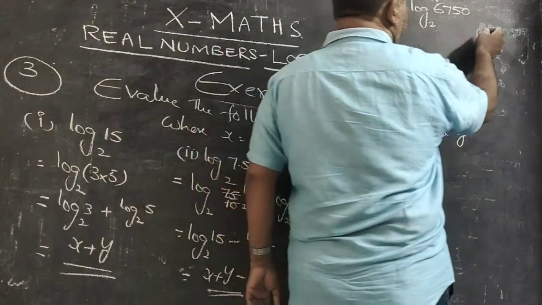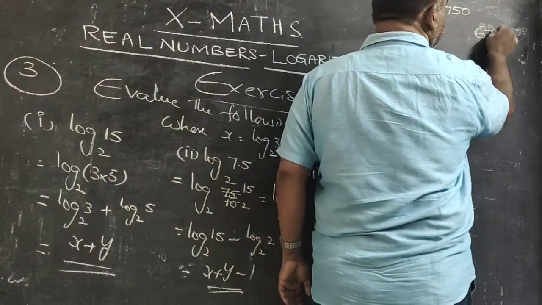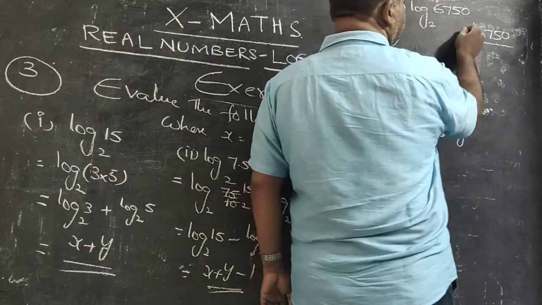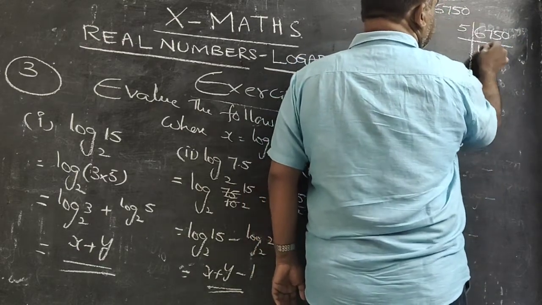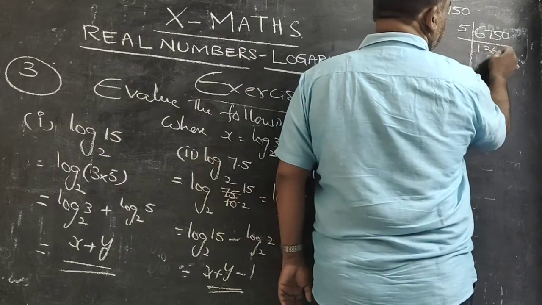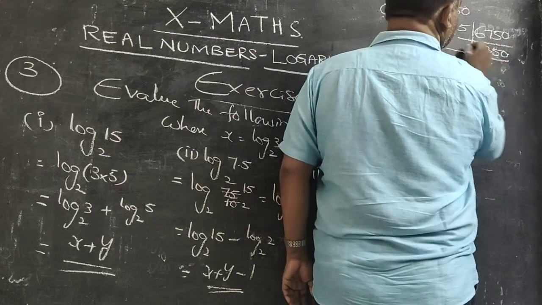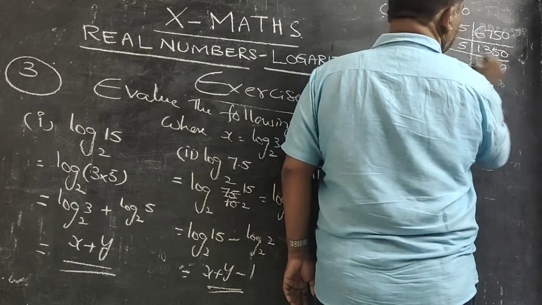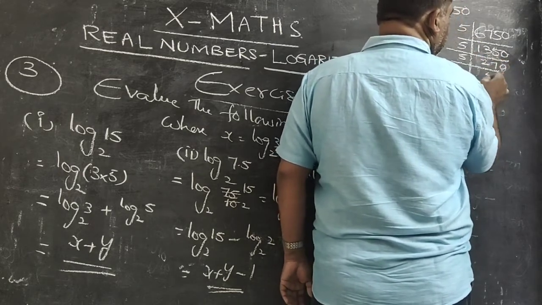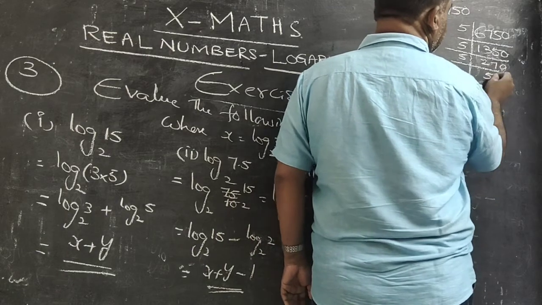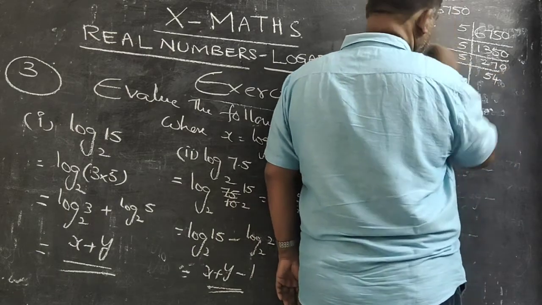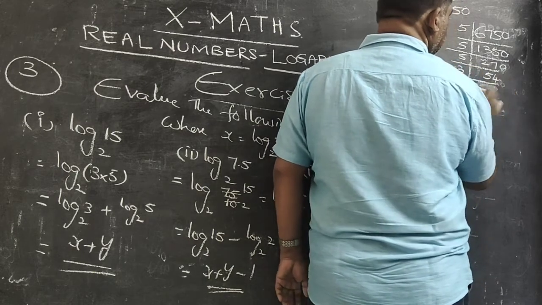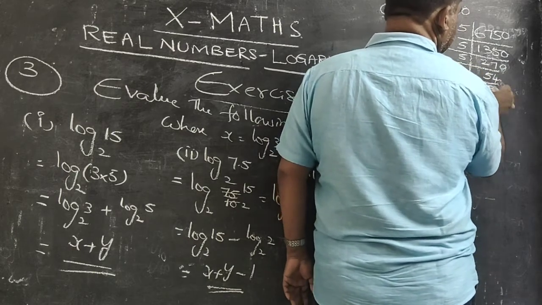Now 6750. Let us find the prime factors of 6750. 5 13s are 65, 5 2s are 10, 5 7s are 35, 5 5s are 25, 5 4s are 20, 3 18s are 54.